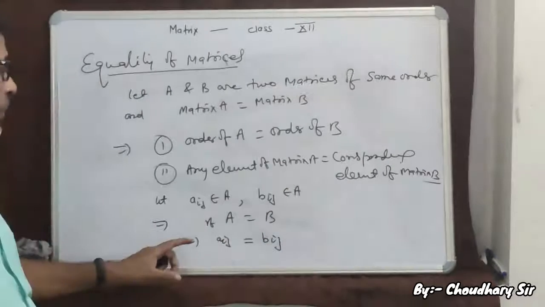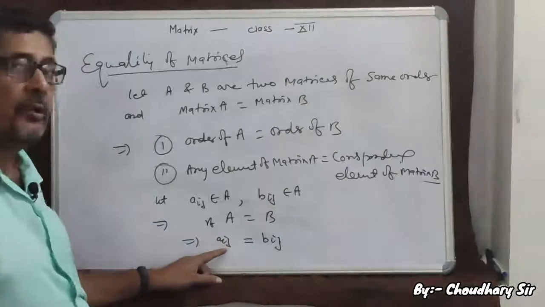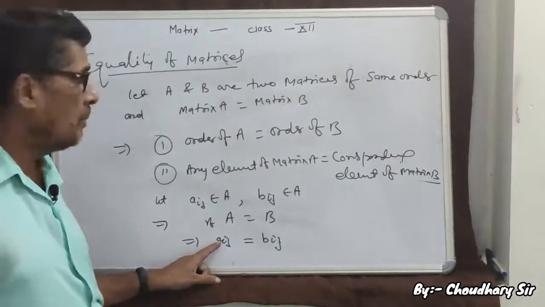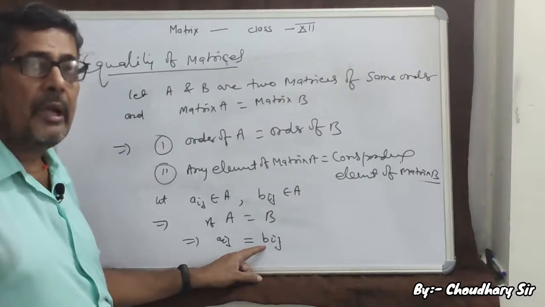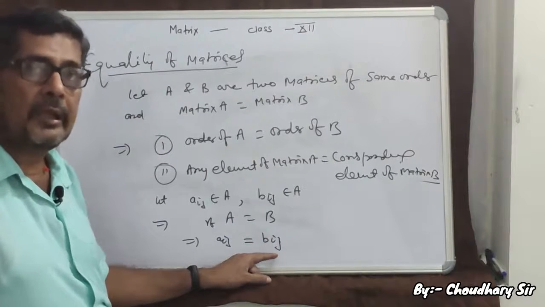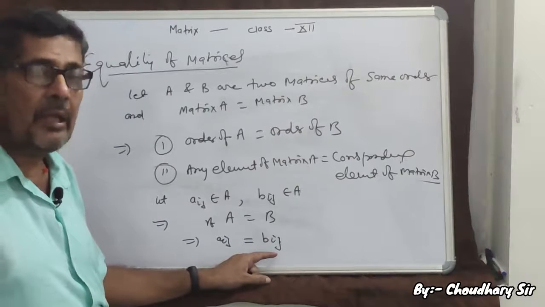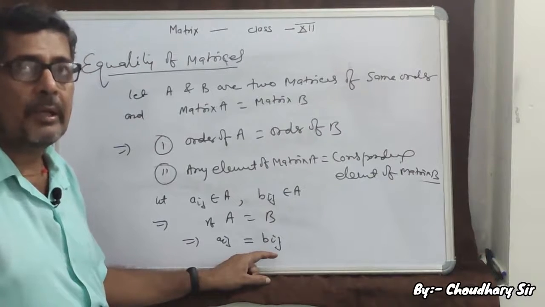That means the element of the ith row and jth column of matrix A must be equal to the element of the ith row and jth column of the second matrix, when matrix A equals matrix B.